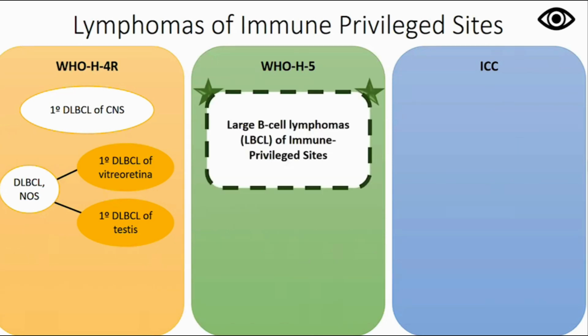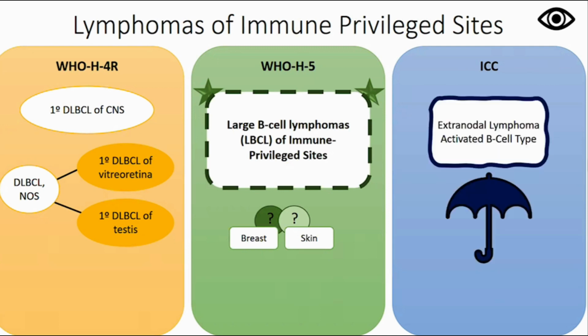There is a discussion here that the large B-cell lymphomas of immune privileged sites may someday include breast and skin cases, as they also share some features. ICC does agree that the potential for putting an umbrella together to lump some of these cases is there.